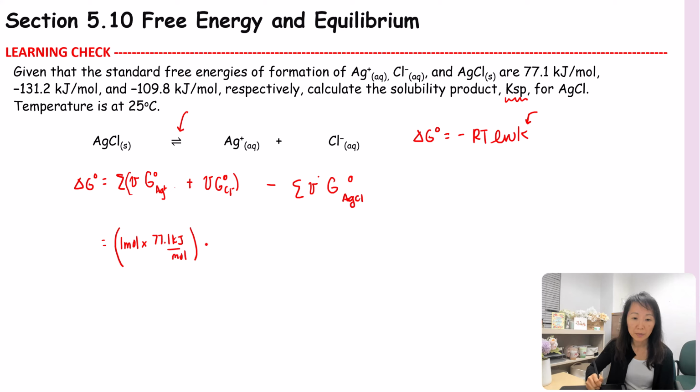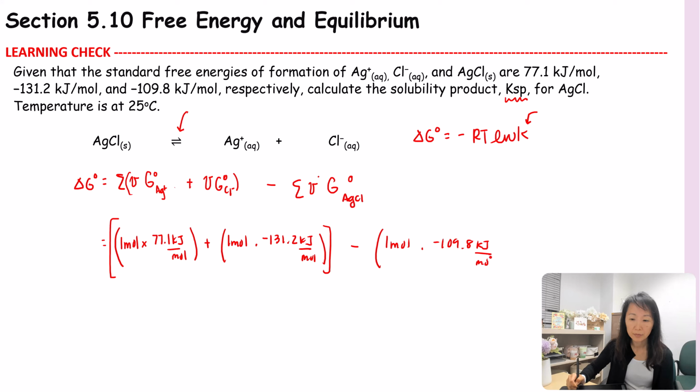That's for silver, plus now for the chlorine ion, that's 1 mole multiplied by negative 131.2 kilojoules per mole. Okay, and then this is summation, so you need to add these two together before you subtract it with the reactant, which is 1 mole. For silver chloride, it is negative 109.8 kilojoules per mole. Okay, so go ahead and try calculating this out and then come back and check the key.